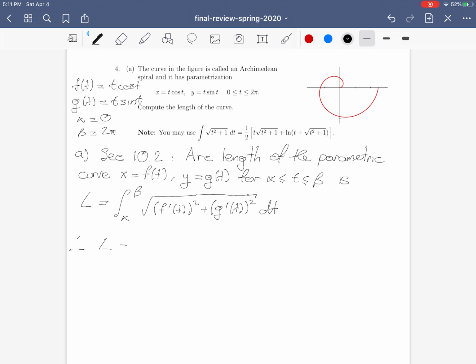So therefore L is equal to the integral from 0 to 2 pi of the square root of f prime of t, so that's cos t minus t sine t all squared, plus g prime of t, which is sine t plus t cos t all squared dt.